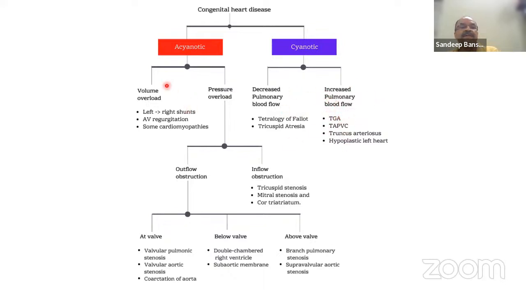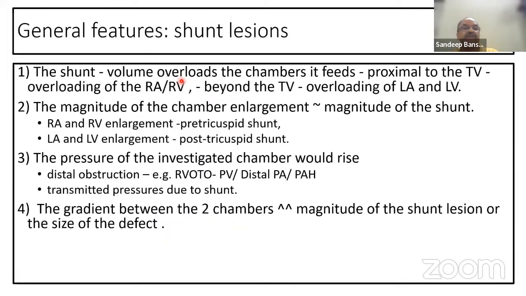But we need to understand that it is only these acyanotic shunts which need to be quantified, because in cyanotic heart diseases, it is the obstruction to the pulmonary blood flow which is the most important determinant, or the development of pulmonary arterial hypertension or Eisenmengerization. That is the one which will be important. So the main focus is going to be these acyanotic left to right shunts.